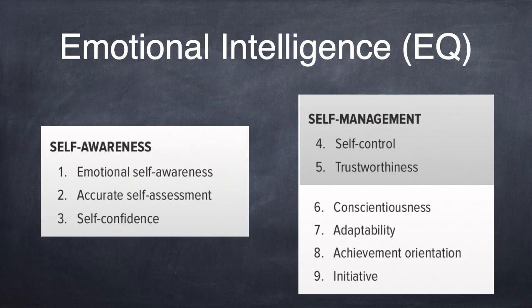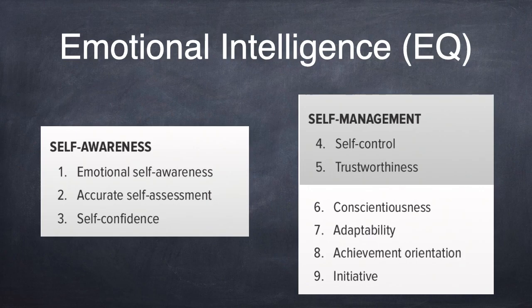Take a quick look at the two components of emotional intelligence, or your EQ: your self-awareness and your self-management. Your self-awareness is about your emotional self-awareness. It's about having an accurate self-assessment and about your level of self-confidence. Your self-management has to do with your self-control and trustworthiness.